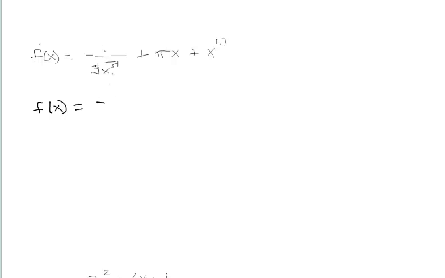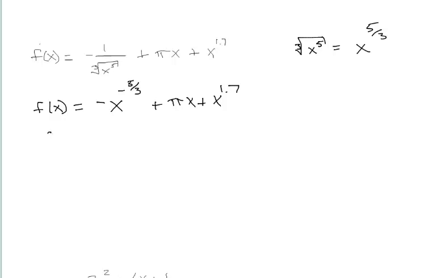Now remember that the cube root of x to the 5th could be equal to x to the 5/3. And x to the 5/3 is in the denominator and it's positive. So when it comes to the numerator, it's going to be a negative exponent. So we have negative x to the negative 5/3 plus pi x plus x to the 1.7.